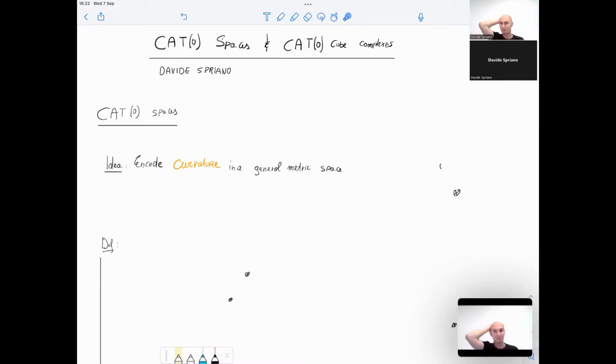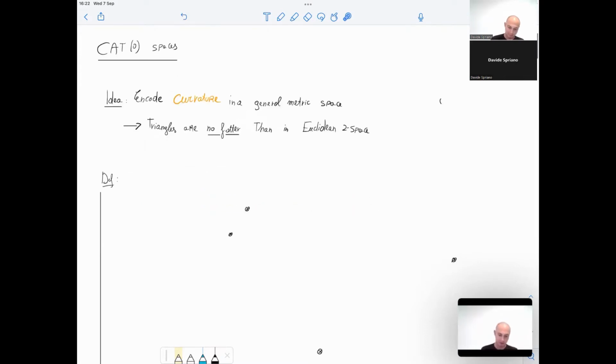And there is the notion of sectional curvature, etc. But if you just have a general metric space, how do you define curvature, just using the metric? And the idea is the following. The idea is that triangles are no fatter than in Euclidean 2-space. So let me give you an actual definition.